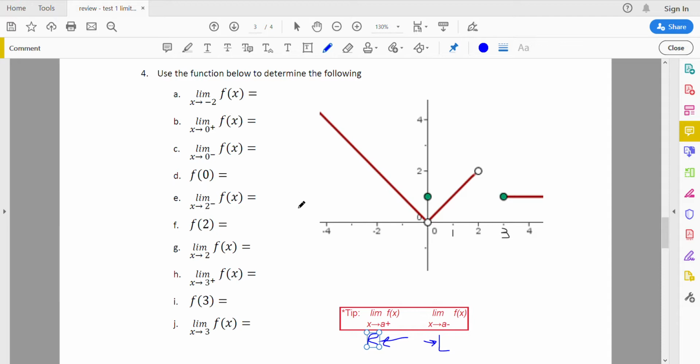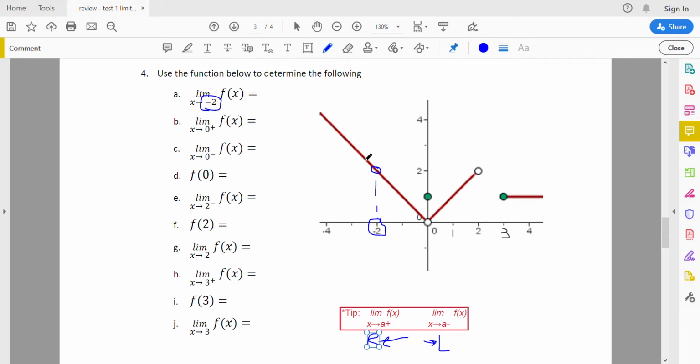So I just have a bunch of examples to go through. Hopefully these examples will help you out. For the first one, I want to look at my function from an x value of -2. I find that here and then look up to my graph. I want to see how my function is approaching an x value of -2. Now there's no exponent on this, right? I'm not asked for the negative or positive, so I'm just asked for the overall limit.